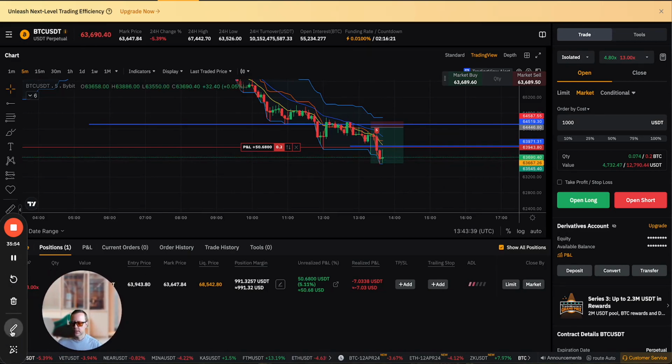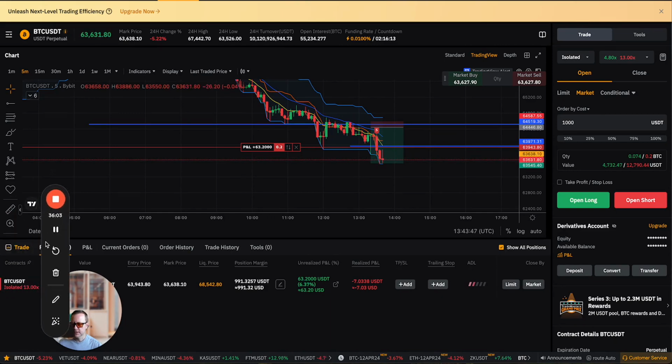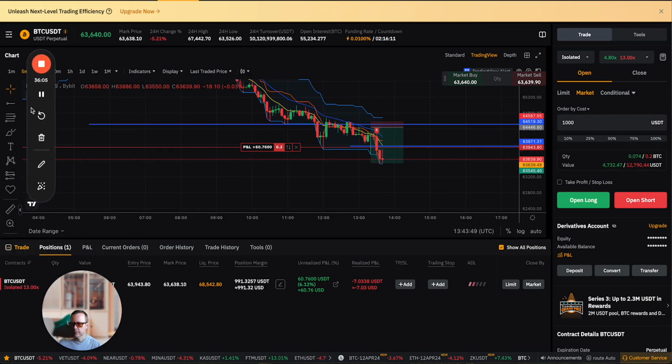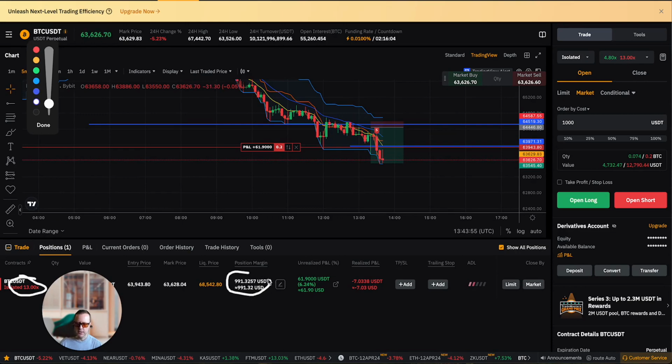13x. All right. I'm going to have to move this. See if I can move this. There it is. Okay. And it's saying we'll let you play this game with 13x leverage. So it takes my 991 and multiplies it, give or take, to the tune of 13x intensity.